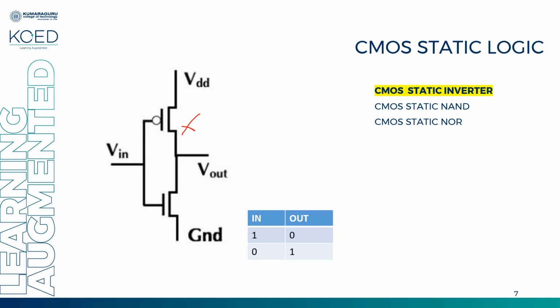Even if there is some minimum voltage present here, everything will move from output to ground. Okay, so what happens when you give a 0? Your PMOS will turn on. You have a path from VDD to output, so you have a higher output, that is 1.